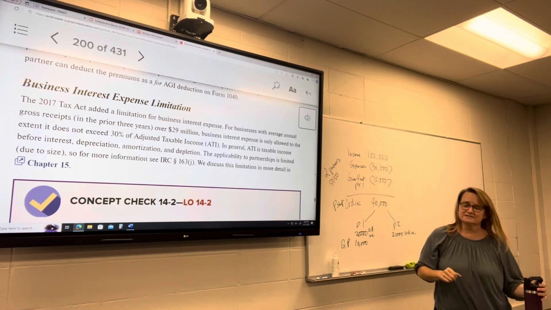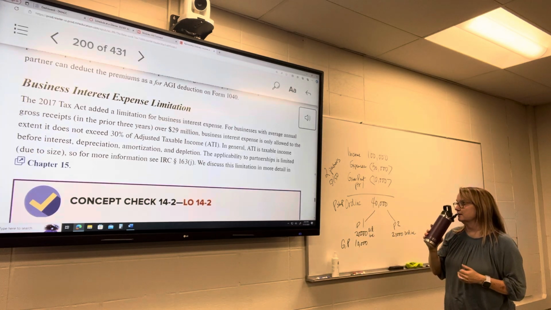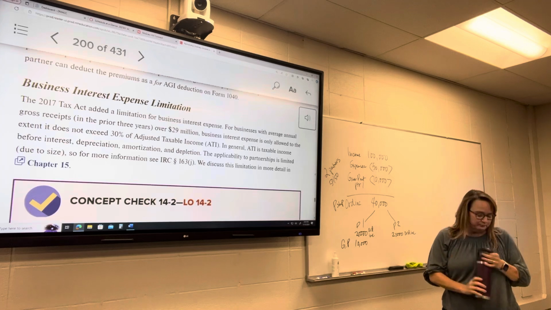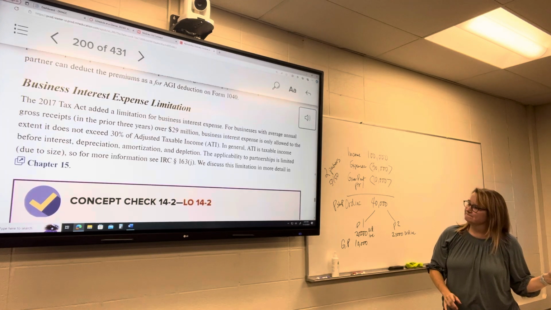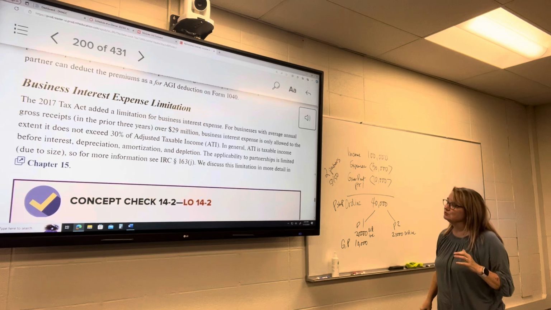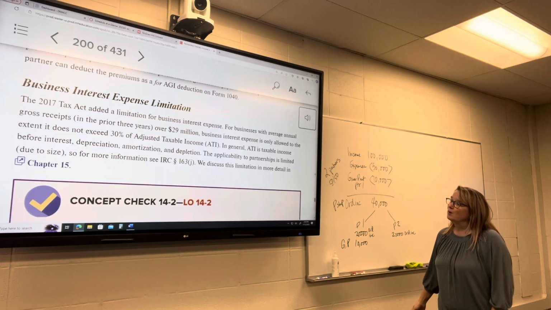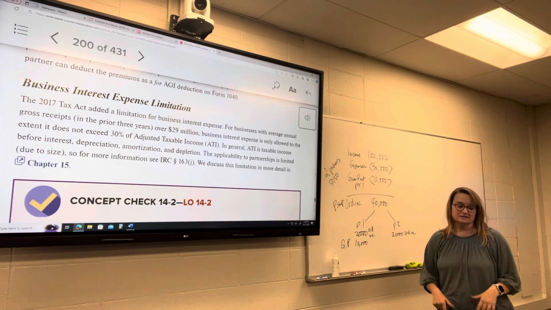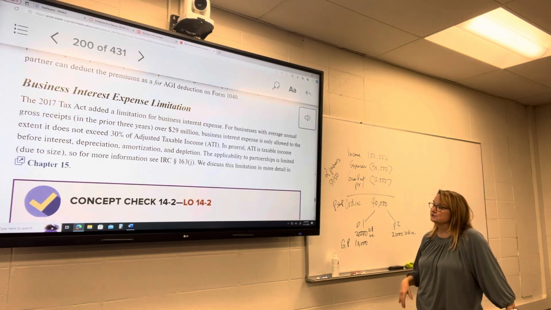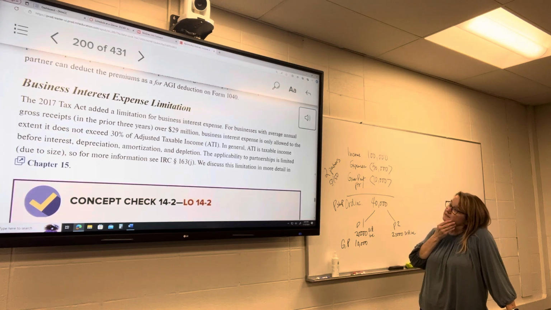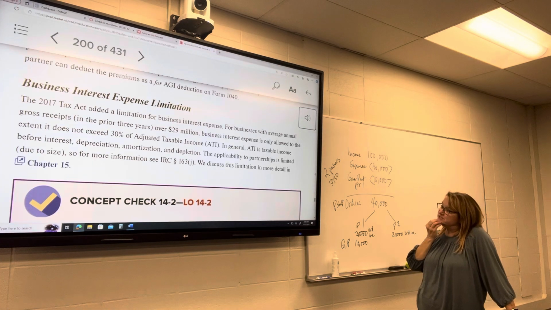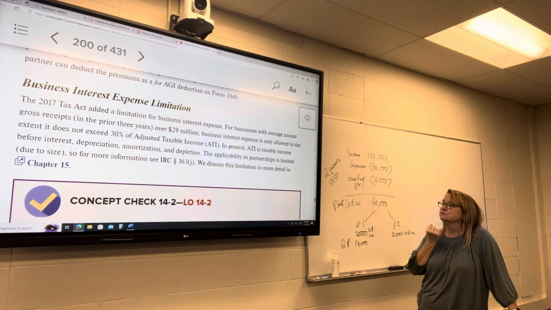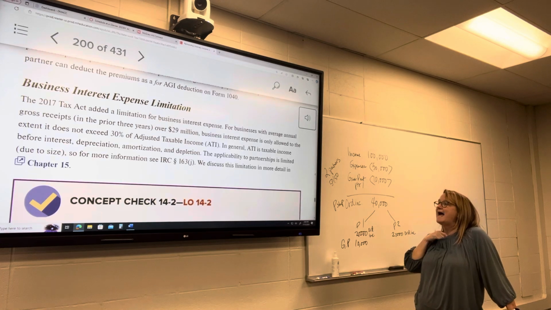Business interest expense applies to some companies, those with average annual gross receipts of over $29 million. What happens is that they're limited in how much interest expense they can claim as a deduction. So for businesses with annual average gross receipts over $29 million over the last 3 years, business interest expense is only allowed to the extent it does not exceed 30% of adjusted taxable income.